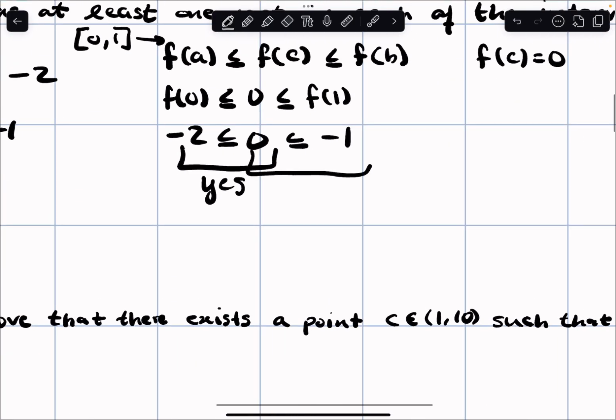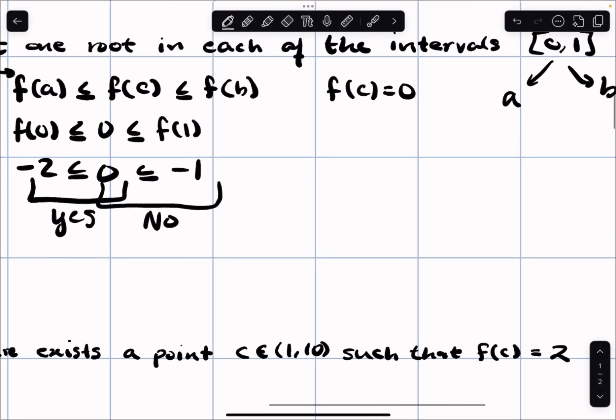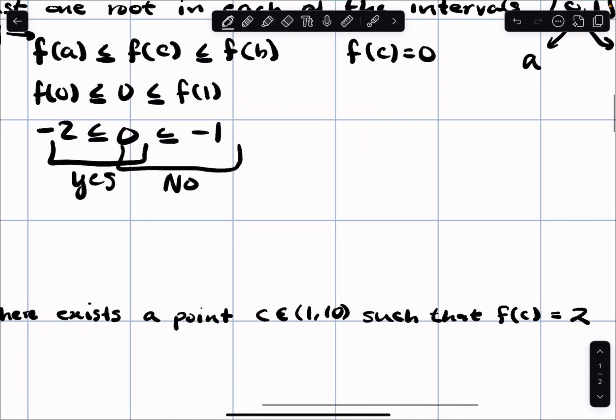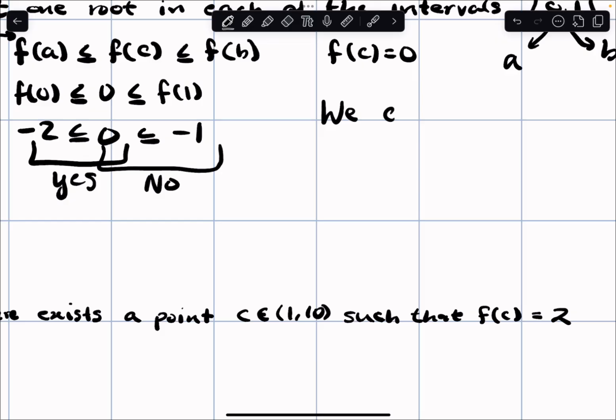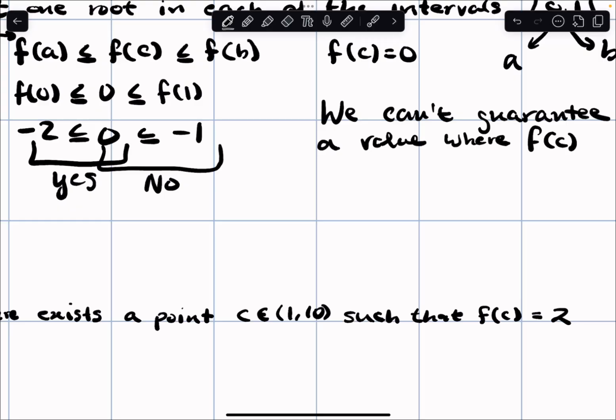But is this part of the inequality correct? No. So our first problem statement is we can't guarantee a value where f of C equals 0 over the interval 0 to 1 open.